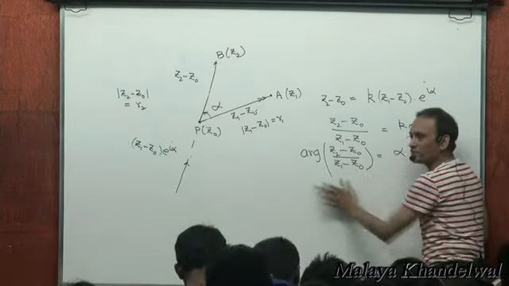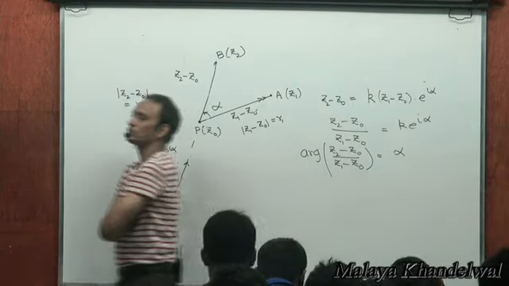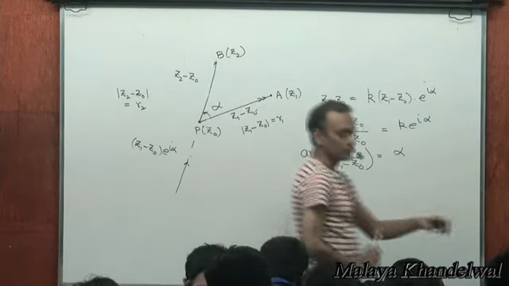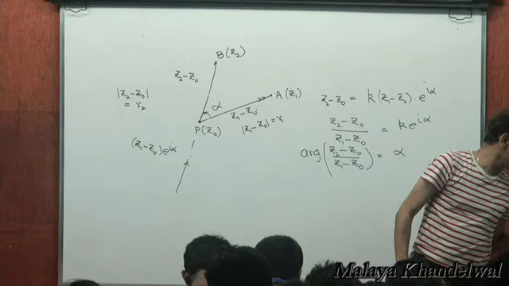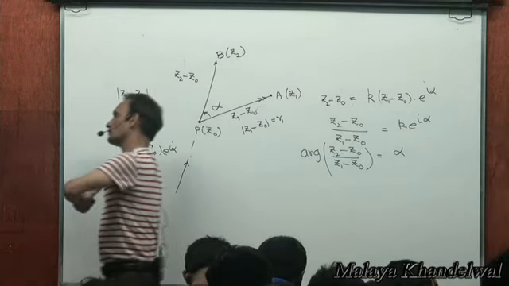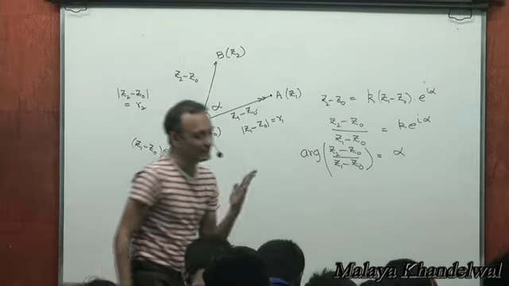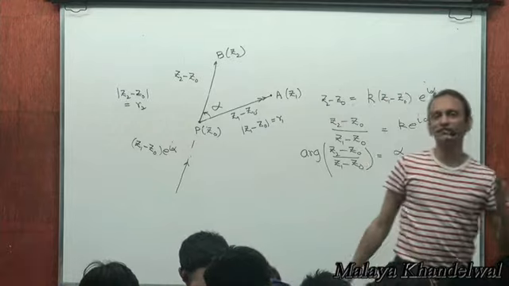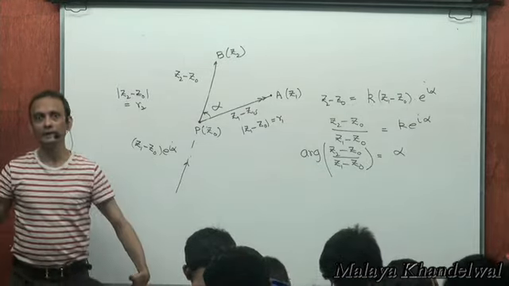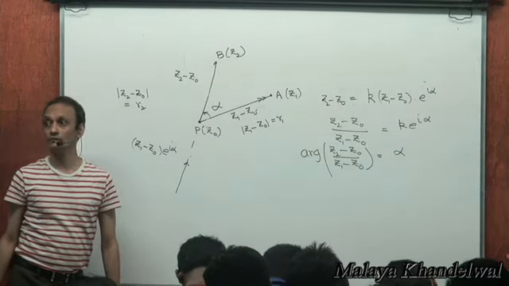The way to read the left hand side is the amount by which the denominator vector be rotated so that it becomes aligned with the numerator vector. Right? Got me?